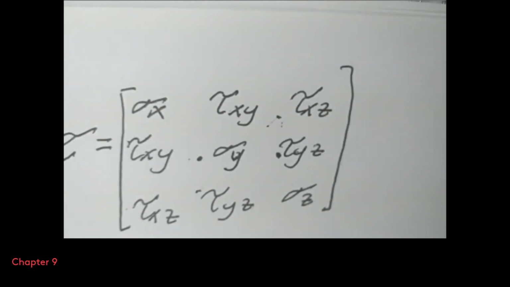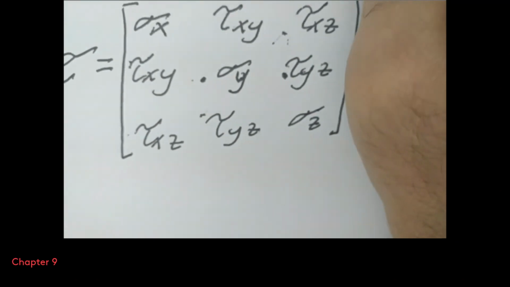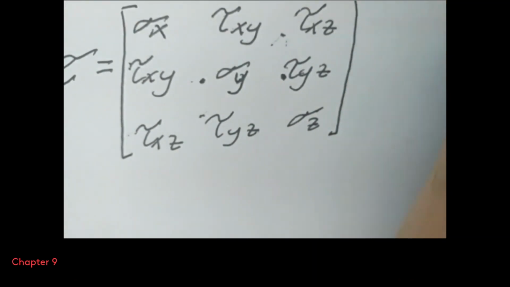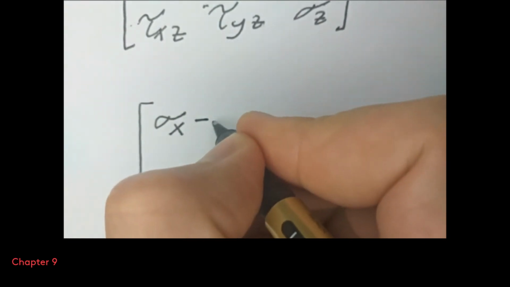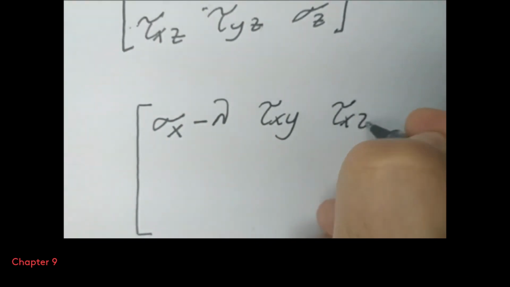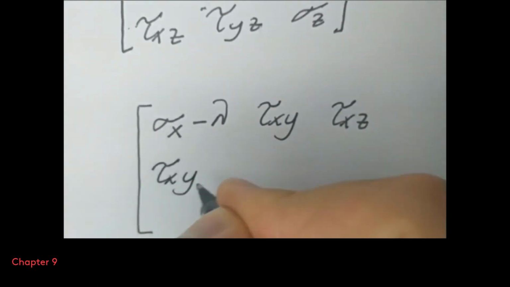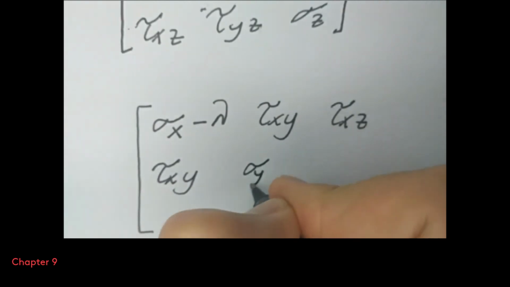We calculate the determinant of a matrix: sigma x minus lambda, tau xy, tau xz; again tau xy, sigma y minus lambda, tau yz; and tau xz, tau yz, and sigma z minus lambda.